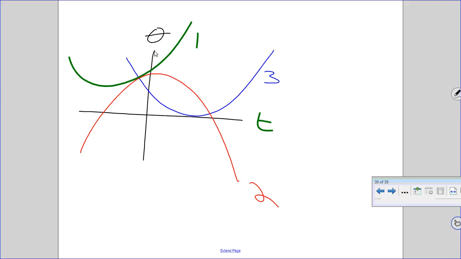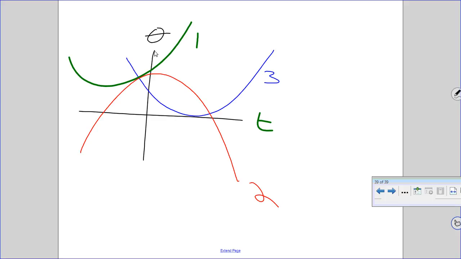All right. So basically, you can treat this the same way that you would treat a regular position time graph. Okay. So let's look at graph 1 for a minute. If this was position time, like meters versus time, what would this mean? Decreasing position, right? So it would be moving backwards and slowing down until it stops, and then going forward faster and faster and faster, right? So this is the exact same thing.